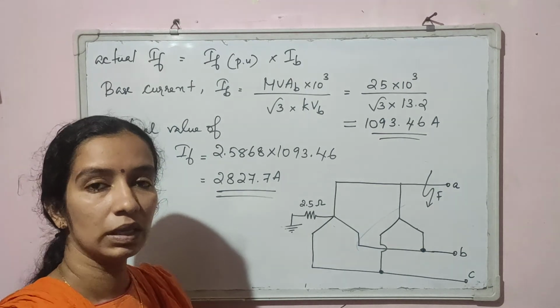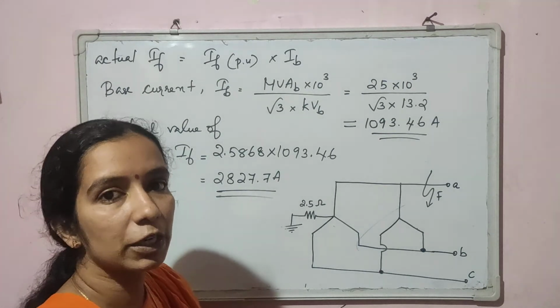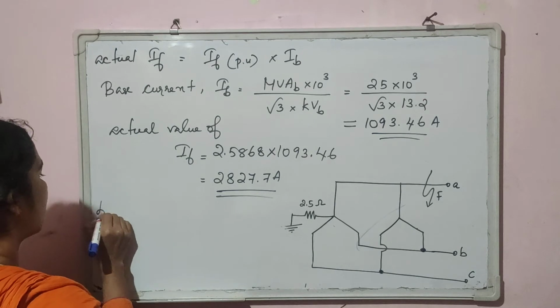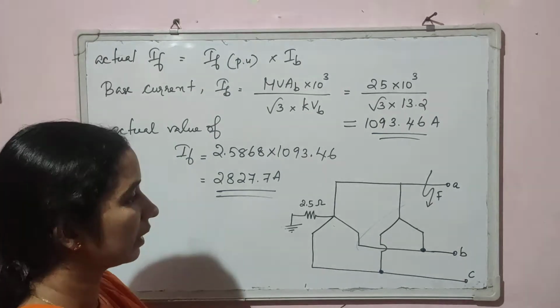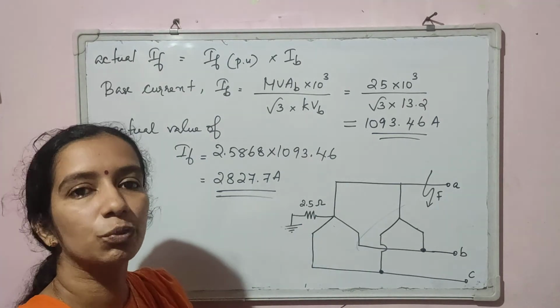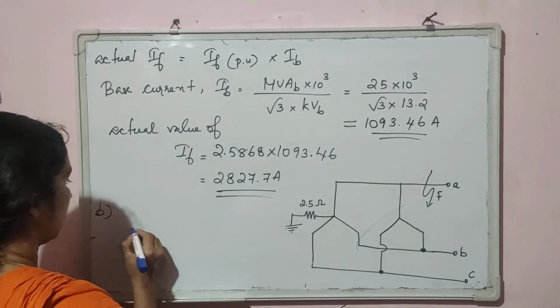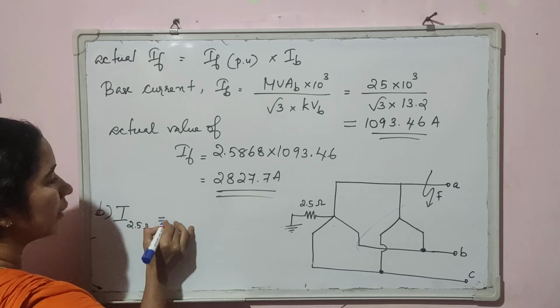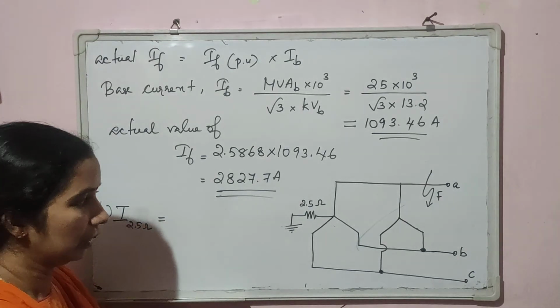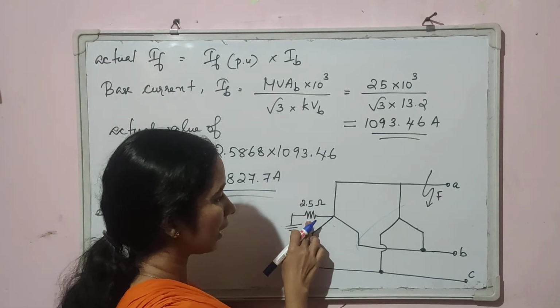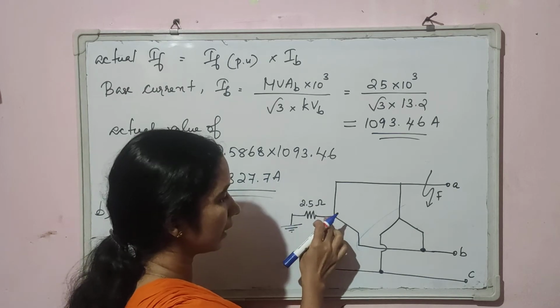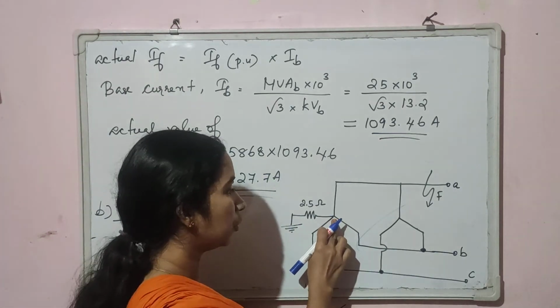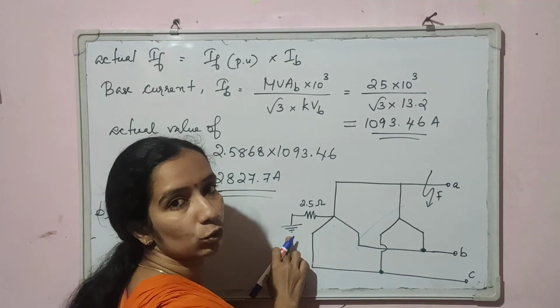Okay. Now let us move on to the second part of the question. And the second part was to calculate the current flowing through this 2.5 ohm resistor. So let I 2.5 ohm be the current flowing through the 2.5 ohm resistor. The 2.5 ohm resistor is connected in between the neutral of this alternator and the ground.